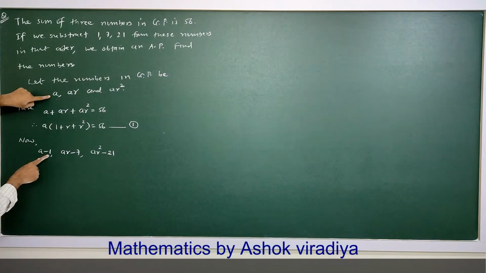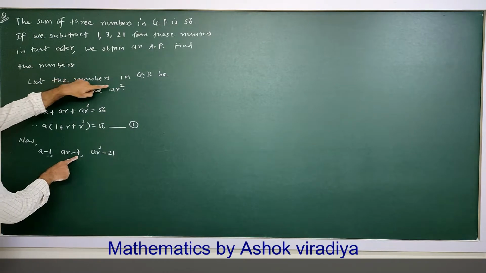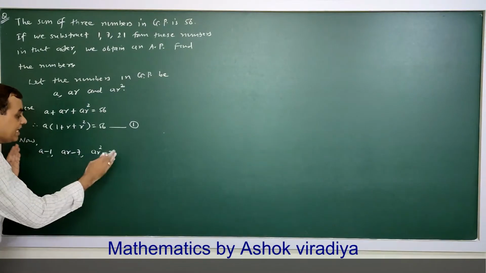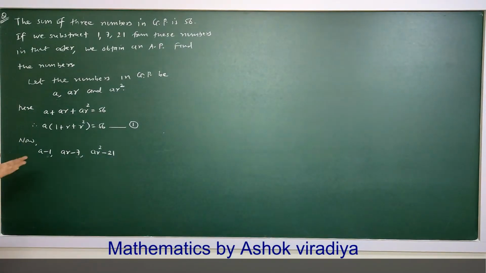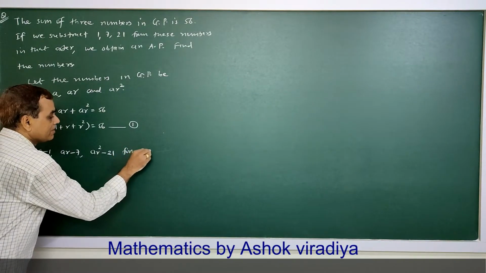From the first number 1 is subtracted, from the second number 7 is subtracted, from the third number 21 is subtracted. So these numbers we obtain in AP. These numbers form an AP.